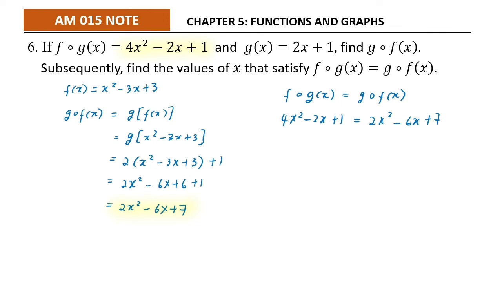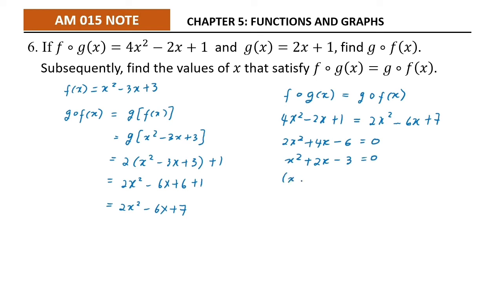Simplify the equations. 4 minus 2 is 2x squared. Negative 2x plus 6x is plus 4x, and plus 1 minus 7 is minus 6, equal to 0. Simplify: x squared plus 2x minus 3 equals 0.